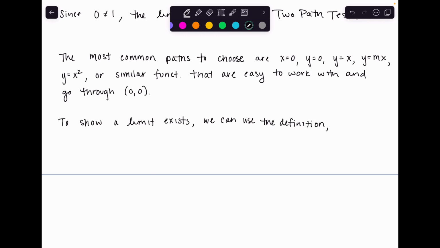We can use algebra to manipulate. Or one of our other major techniques is we can use the squeeze theorem.